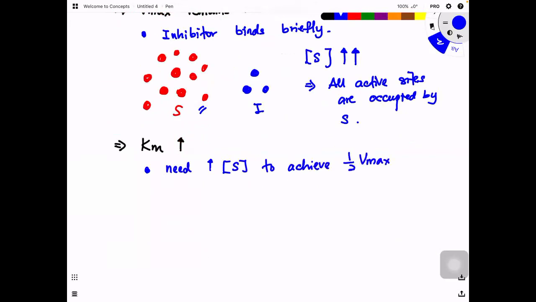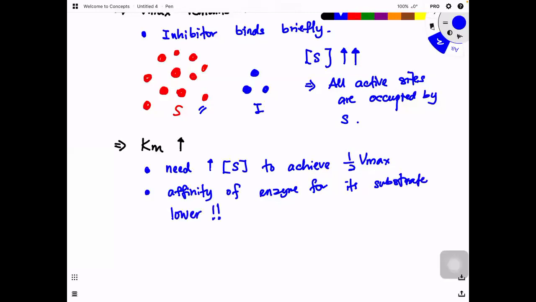So it means that the affinity of the enzyme for its substrate is now lower. Are you clear? Why does Km increase? Because we need more substrate to actually achieve half Vmax. So therefore, the affinity of the enzyme for its substrate becomes lower. Are you clear? Okay.